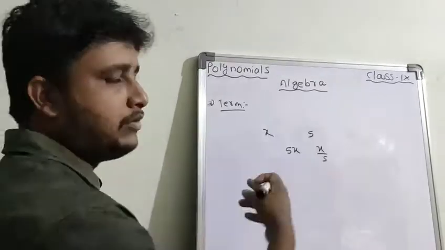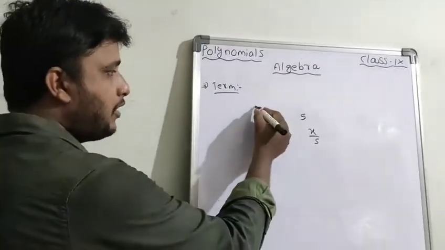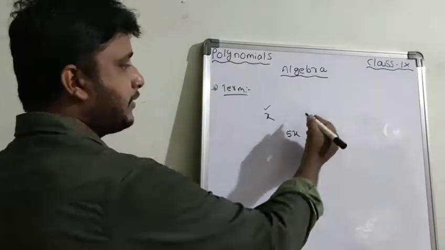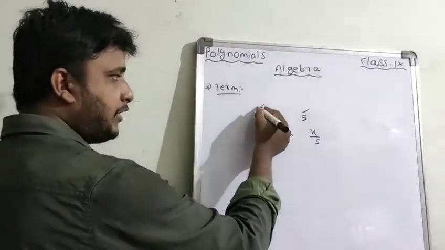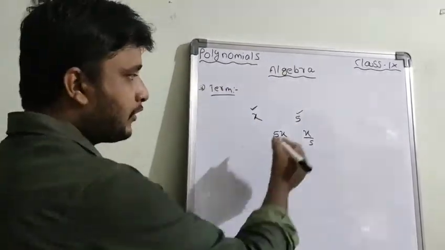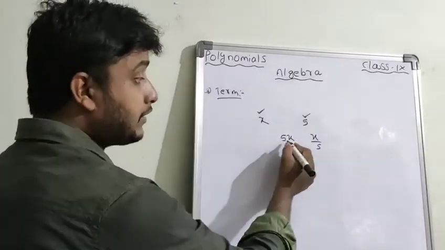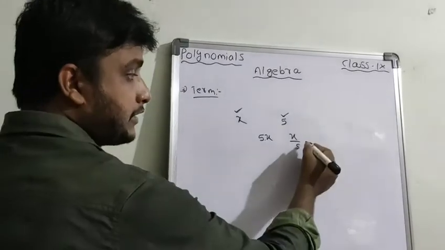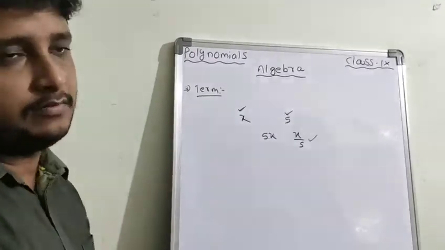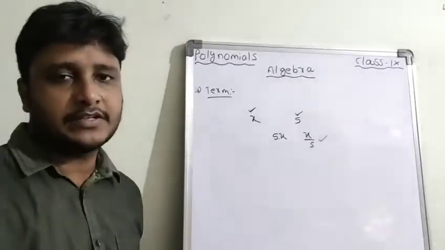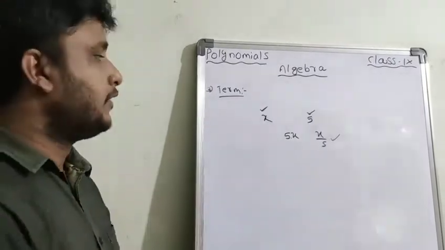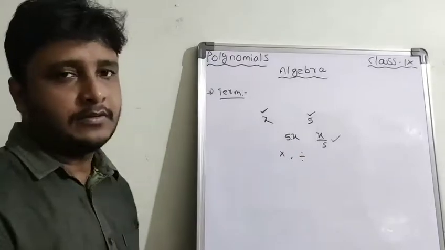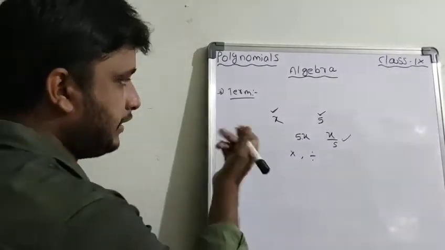A variable alone means individual, single, is a term, and a constant alone is a term. Or their combination with multiplication, 5 into x is a term, and the division x by 5 is also a term. Addition and subtraction we cannot use for a term. Only the multiplication and division operations we have to consider in a term.